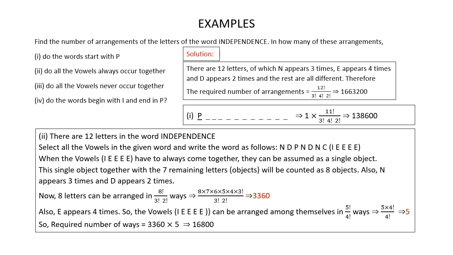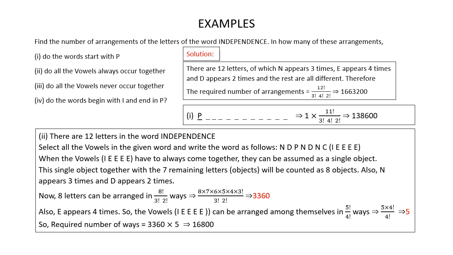Observe here that instead of writing 3 multiplied by 2 multiplied by 1, you have written it as 3 factorial so that you can cancel out these two 3 factorials. Now you know that 2 factorial is nothing but 2. So now you can easily simplify this fraction to get 3360. So 8 letters can be arranged in 3360 ways.